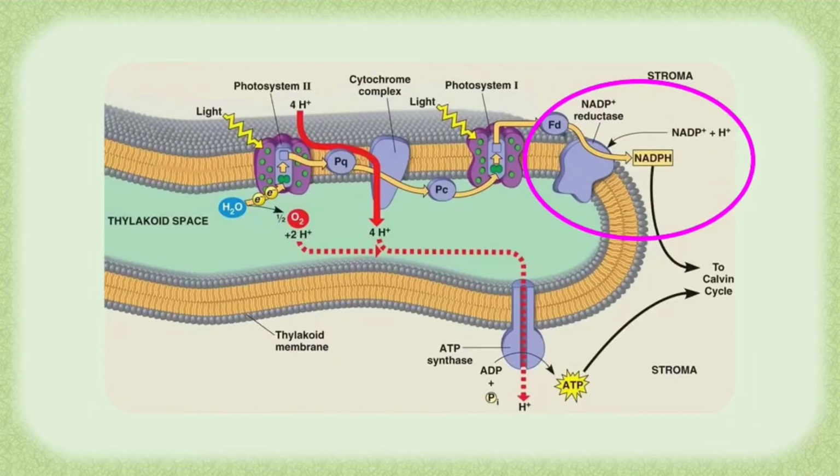So what is this final stage of the story for our electrons? It involves another structure embedded in the thylakoid membrane, NADP plus reductase, and let's see the detail of what happens there.